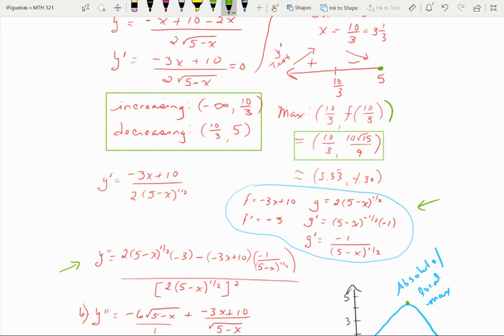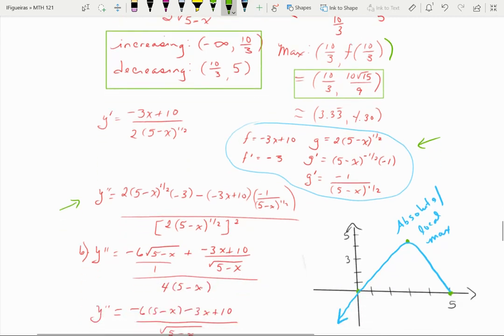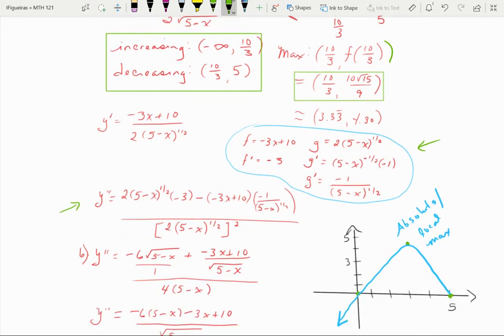So I have y double prime is (5 minus x) to the 1/2 times negative 3 minus (negative 3x plus 10) times negative 1 over (5 minus x) to the 1/2. So from that line to this line, this is in the wrong spot. Let me put it right here.